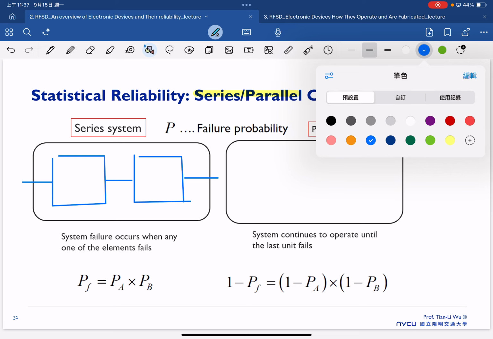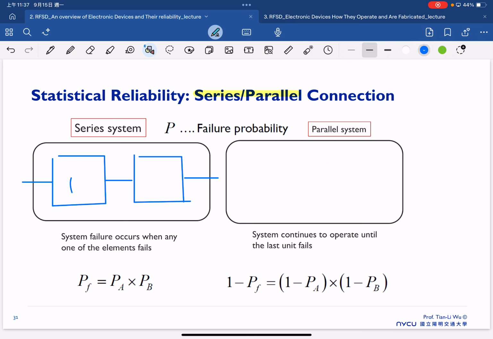And then the failure probability for component A, which is PA, and then the failure probability for component B, which is PB. And for sure, when we consider the series system, the system probability will be the product of PA and PB, right?